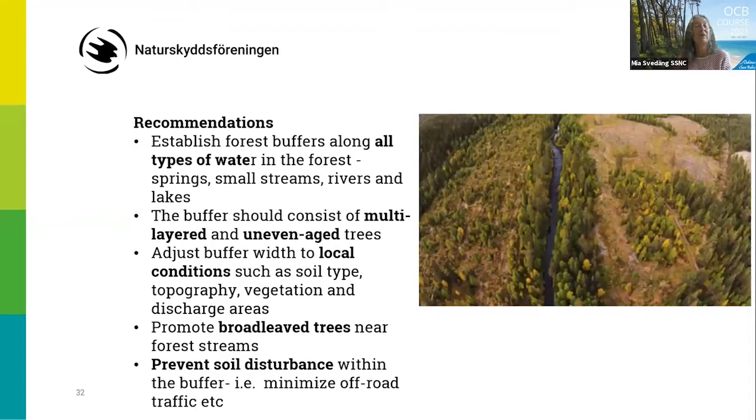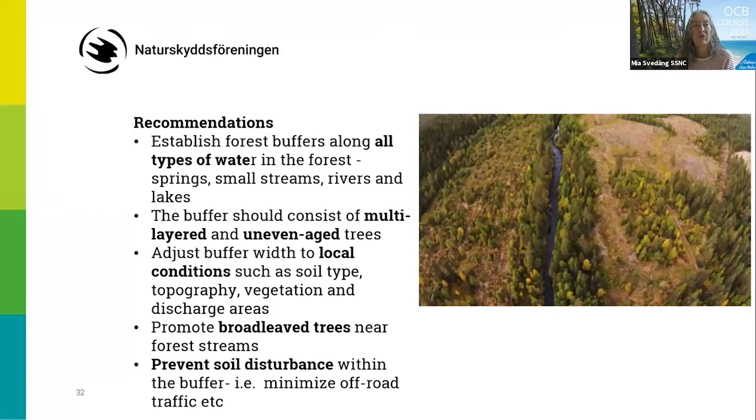So some recommendations for buffer strips in the forest: establish forest buffers along all types of water in the forest, along springs or small streams and rivers and lakes. You need trees and vegetation close to all types of water to avoid leakage and to protect wildlife.